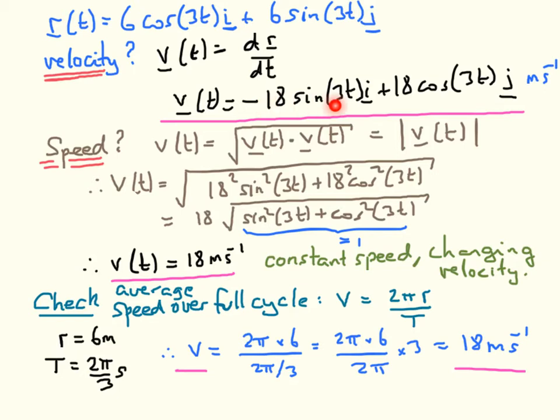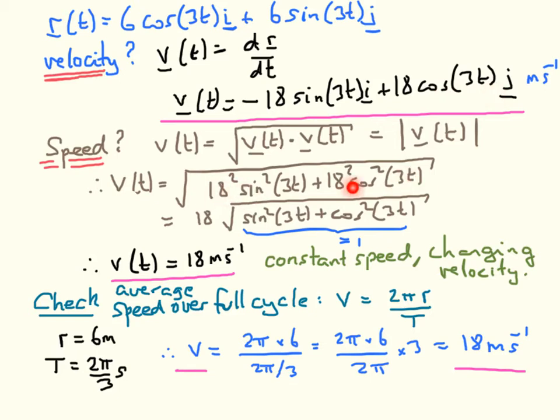So to take the scalar product of this with itself, we just multiply this coefficient by itself, and if it's negative and we square it, it's going to become positive. We're going to get 18 squared times the sine squared of 3t, and then we add the square of the second coefficient, so that's going to be 18 squared times the cosine squared of 3t.